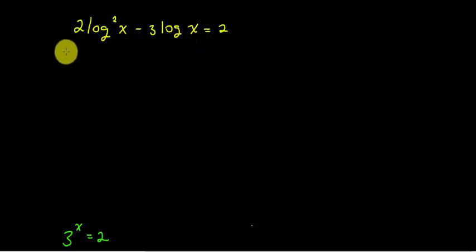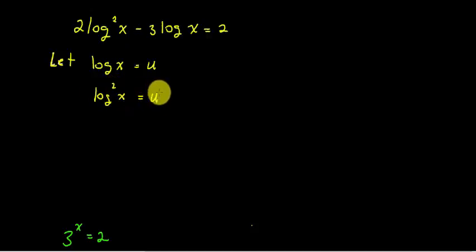So let's let log base 10 of x be equal to u. Then (log base 10 of x) squared is equal to u squared, and we could rewrite this equation as 2u squared minus 3u is equal to 2.